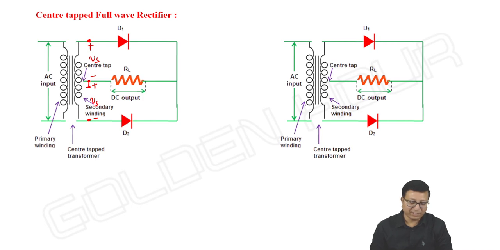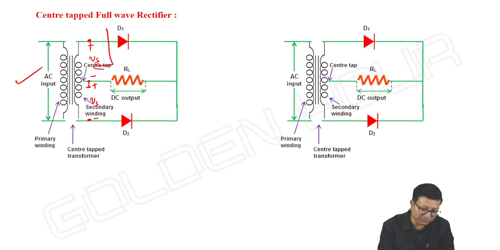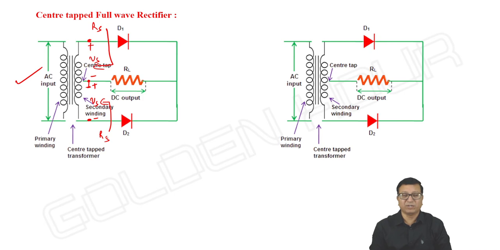In the half wave rectifier, I wrote the voltage between two ends of the secondary winding as Vs. Now, according to this notation, the voltage at this point with respect to ground is Vs, and the voltage at this point with respect to the other end is also Vs. Along with that, the resistance looking into one end of the center tap to ground, if I take this as Rs, the same I can take here also.